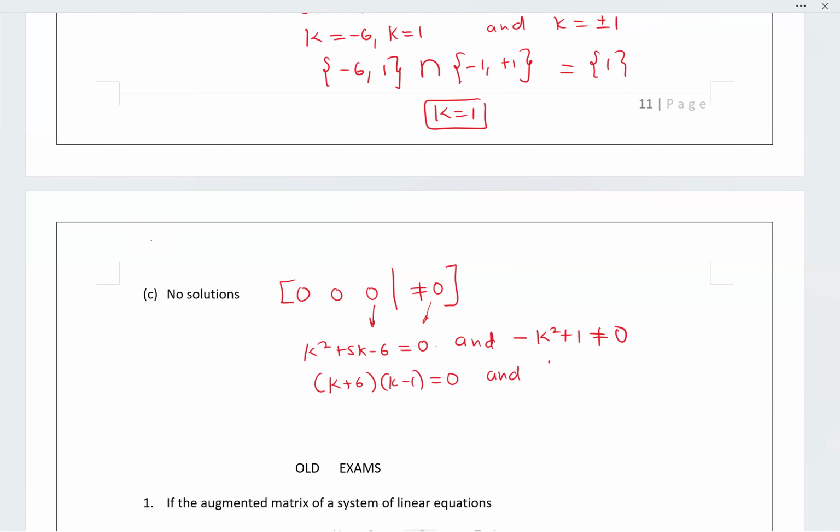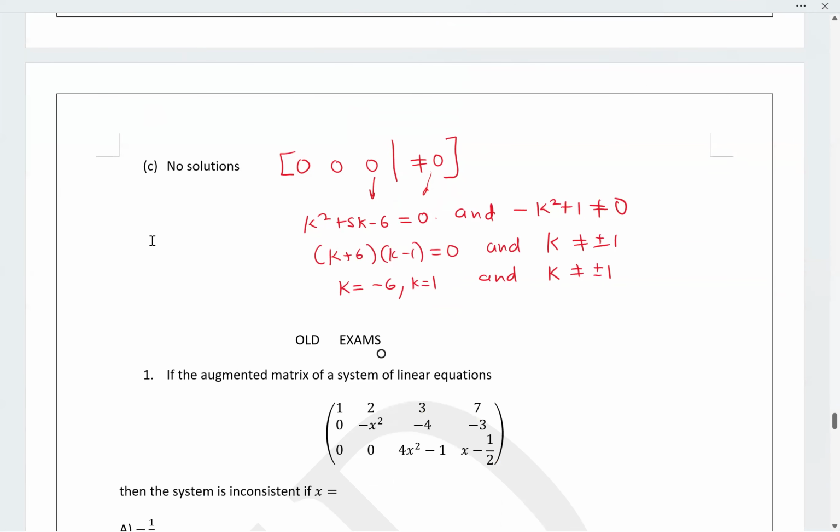And this means that k is not plus or minus this. So k is equal to minus 6, and k is equal to 1. And here, k is not equal to plus or minus 1. So here also, all you need to do is look at this k. k is minus 6, k is equal to 1.